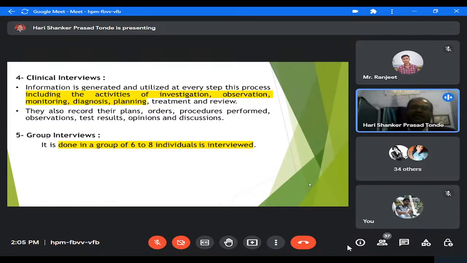Because each and every type of problem arising around us has some type of clinical results, and for that particular testing, you have to record their plans, orders, procedures, observations, test results, opinions, and discussions. The fifth one is the group interview. It is done in a group of 6 to 8 individual persons.